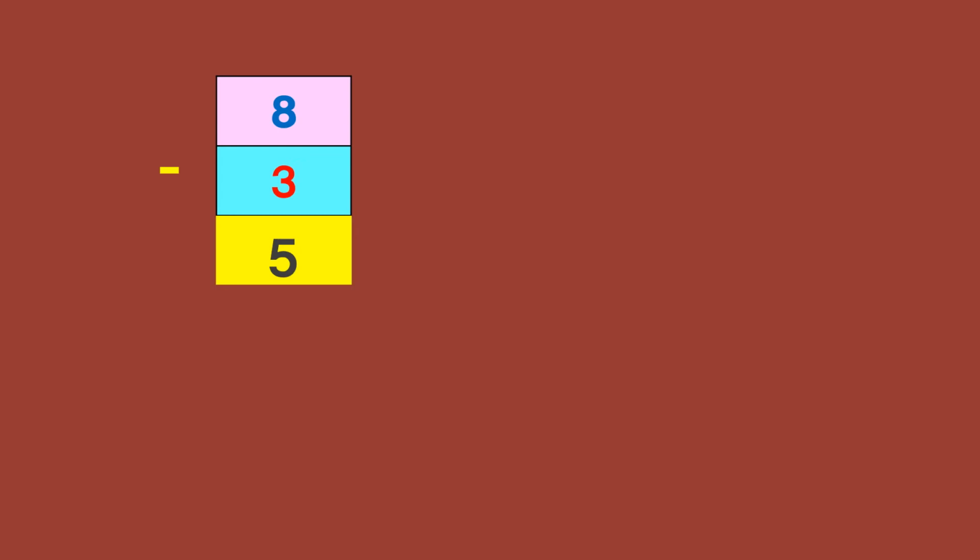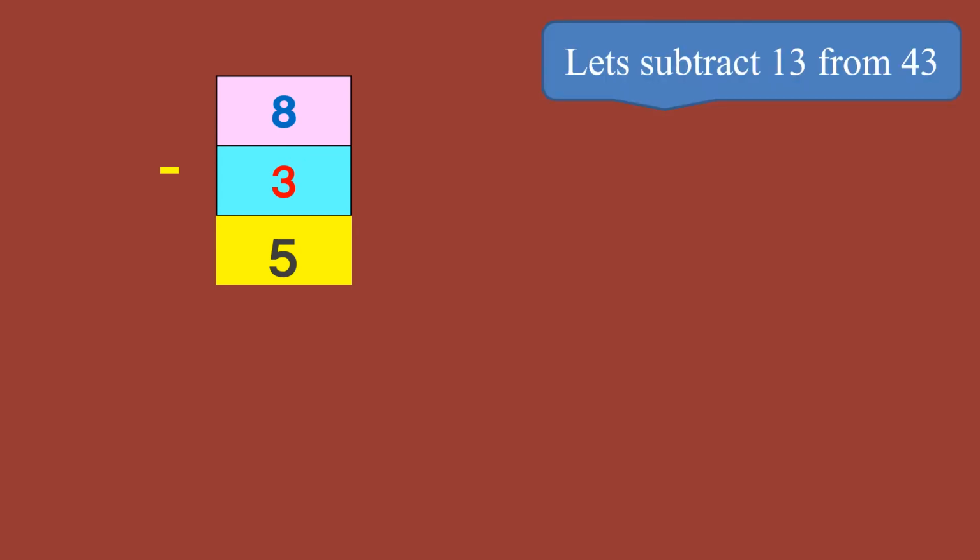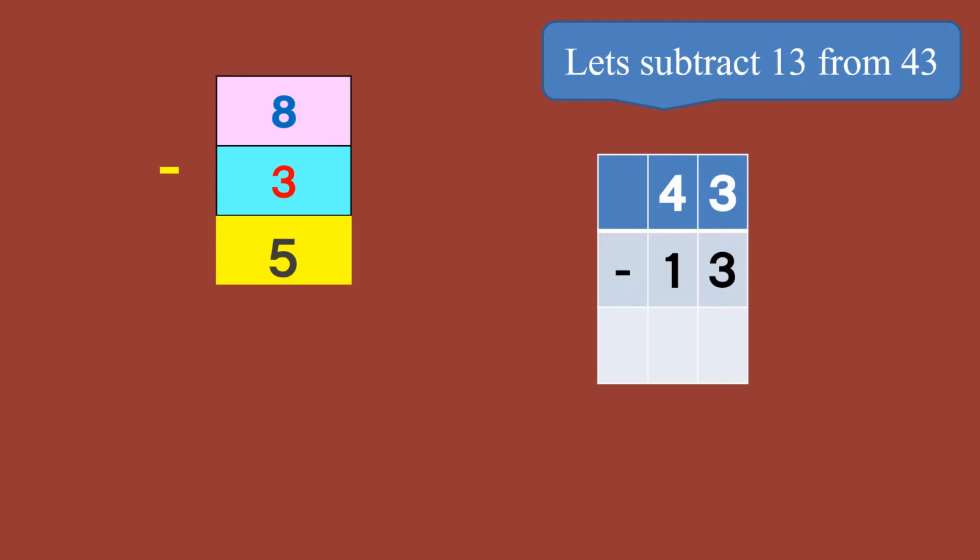So we'll move on to another example. This time, I'm going to subtract 13 from 43. So once again, we'll write the question properly. 43 minus 13. Once again, you have to write ones place digits in one line, tens place digits in another line.